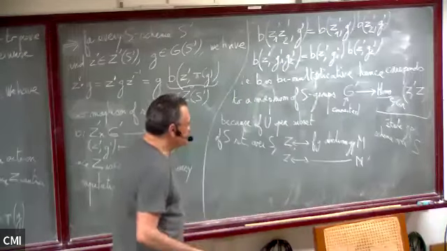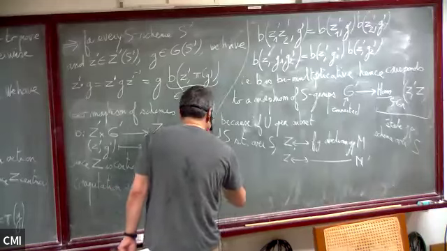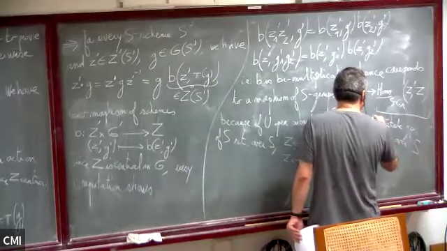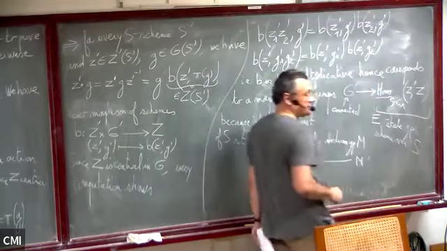Then we have seen in August that, so let's give a name to this group. Let's call it E. This is a group functor.